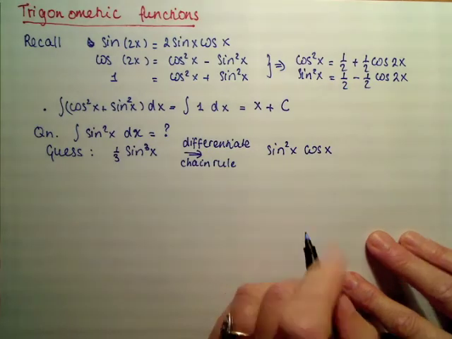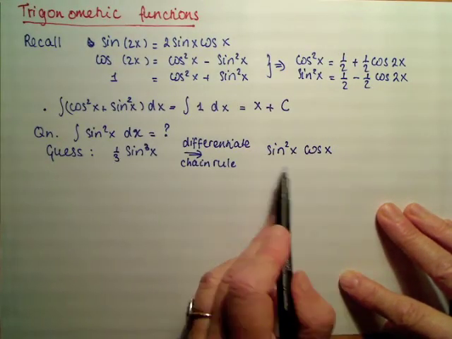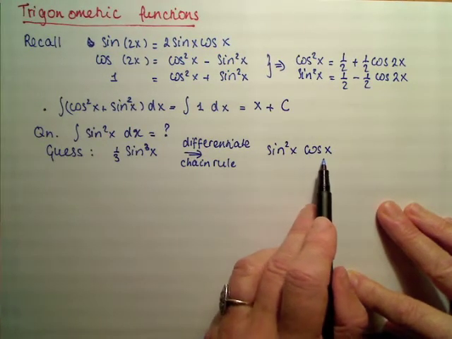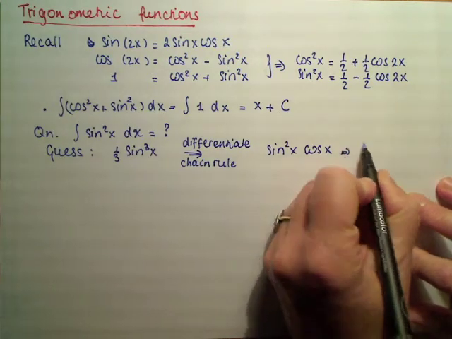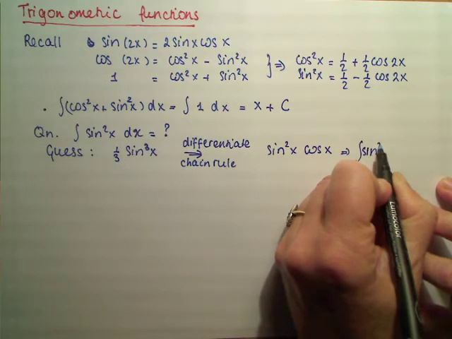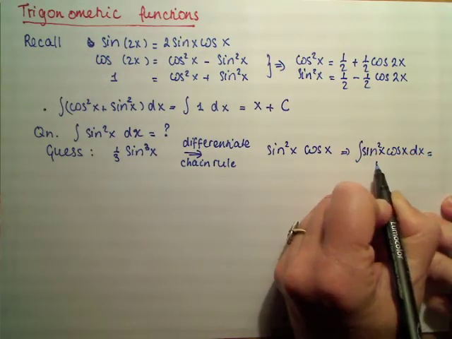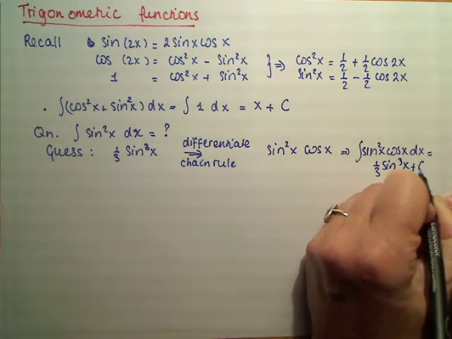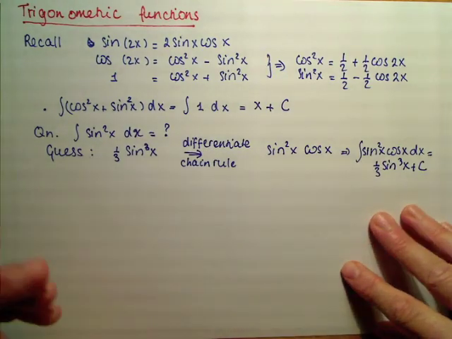So what we did is in fact calculating a primitive of sine of x squared multiplied by cosine of x. But we didn't manage to calculate the primitive of sine of x squared.